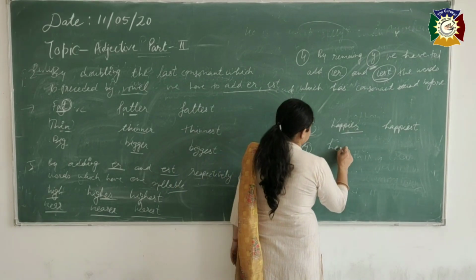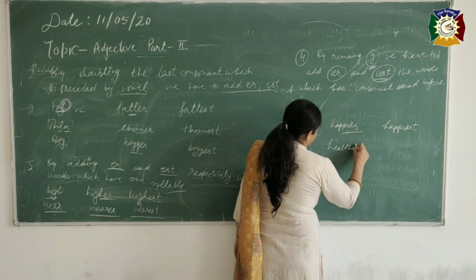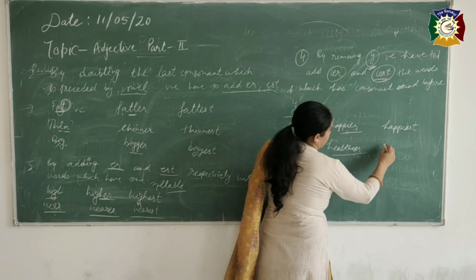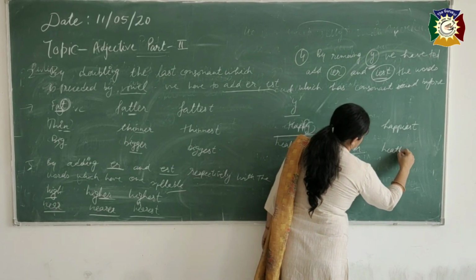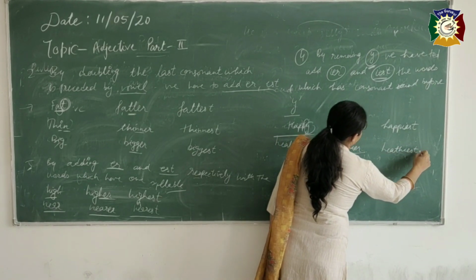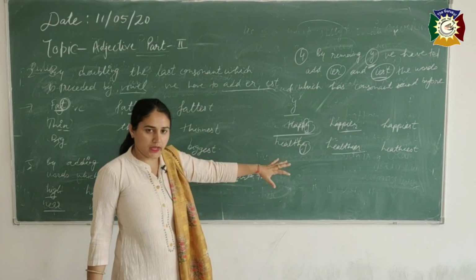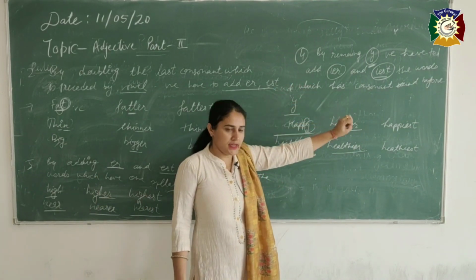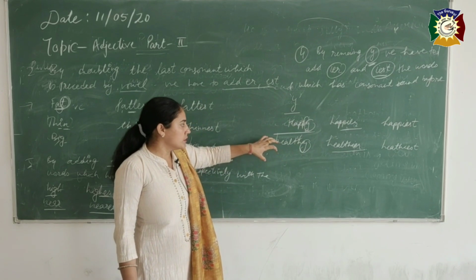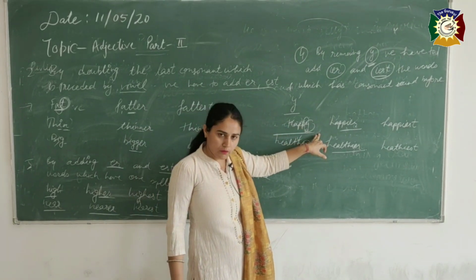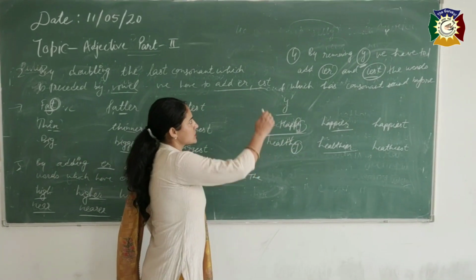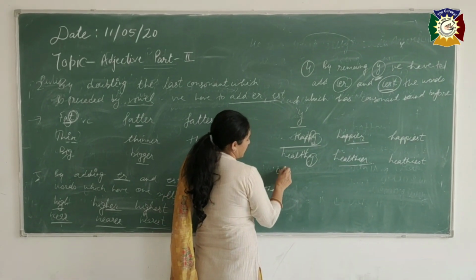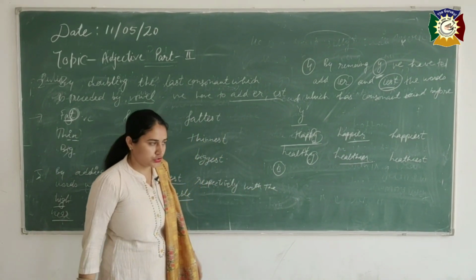Healthier, and healthiest. Means we have to remove y and we have to add IER, IEST with words having consonant before y. And here are also some parts of this particular rule, part of the fourth rule.